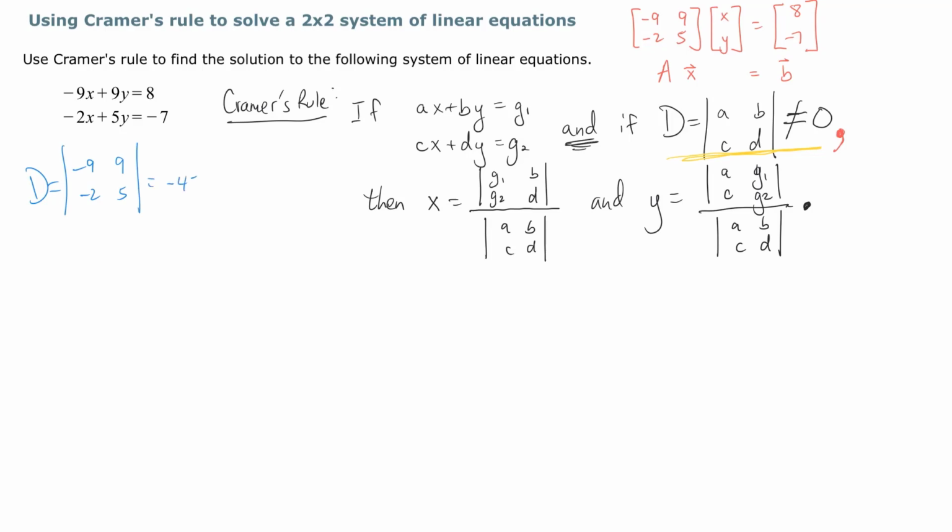Well, that's -45 plus 18, which is equal to -27. Now, what's so special about -27? It's not equal to 0. That's a really key step, because what you're really doing there is stating that the denominator is not going to be 0. Therefore, Cramer's rule applies.